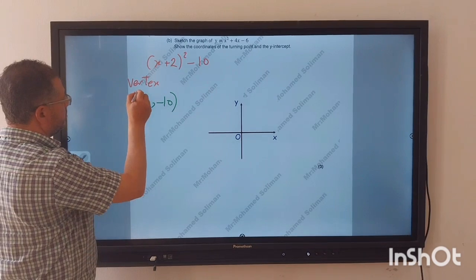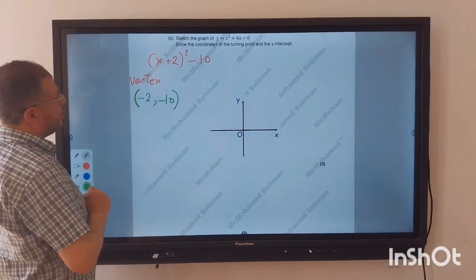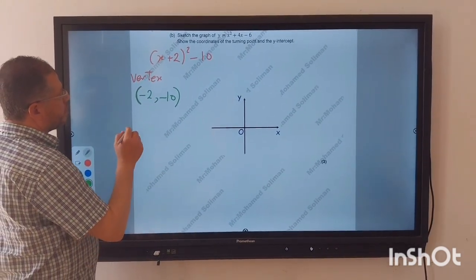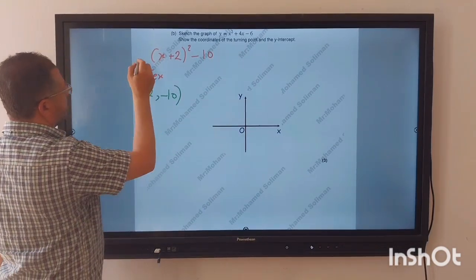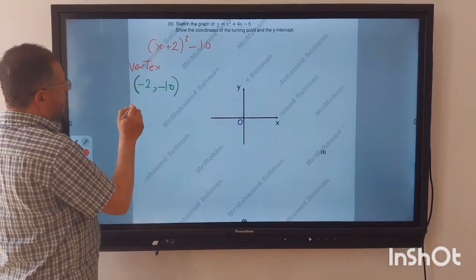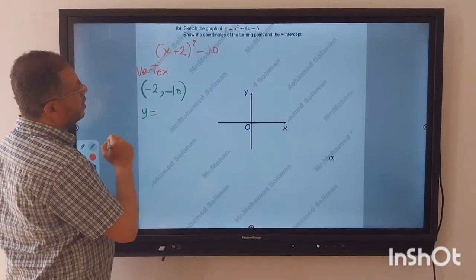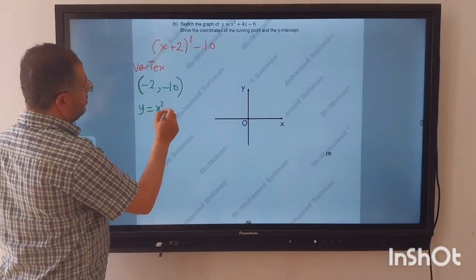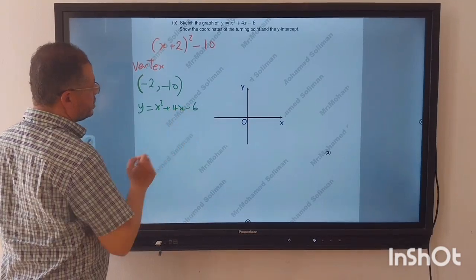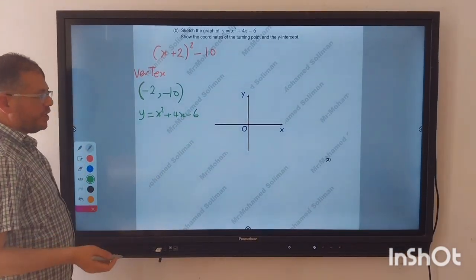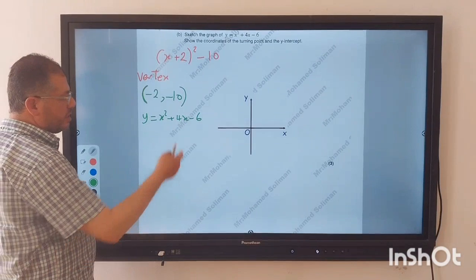Next, I would say the y-intercept. For the y-intercept, our equation here is y = x² + 4x - 6. What does y-intercept mean here? At first sight you can recognize it, it's negative 6.